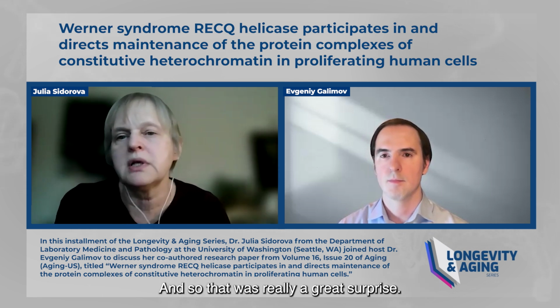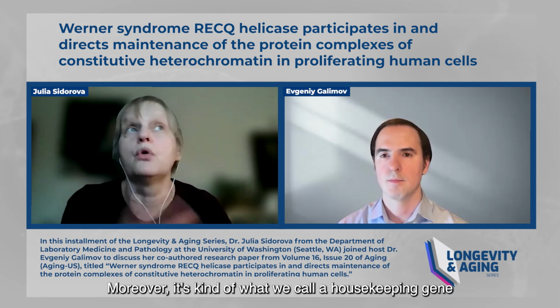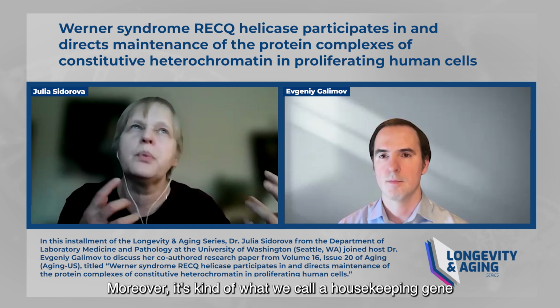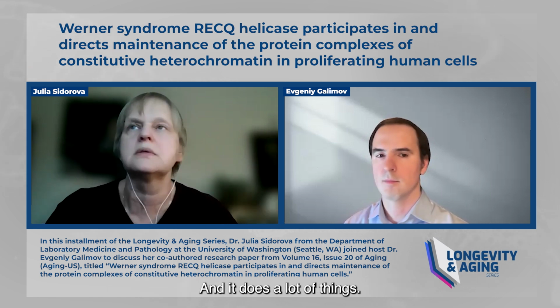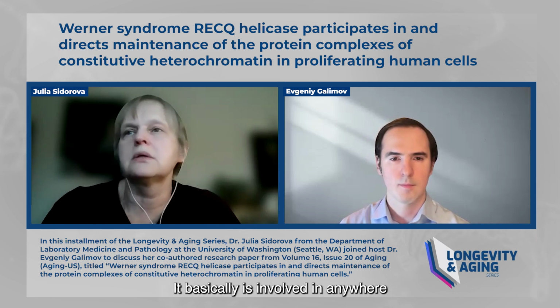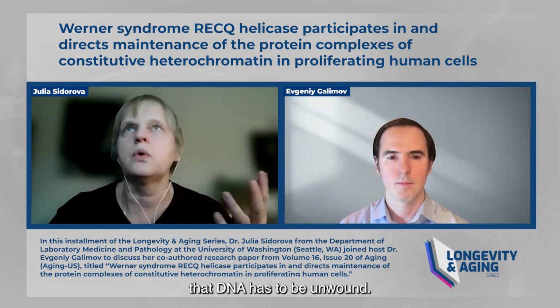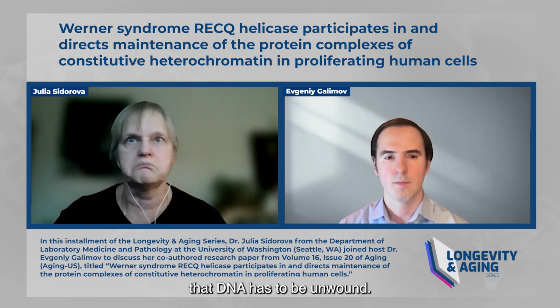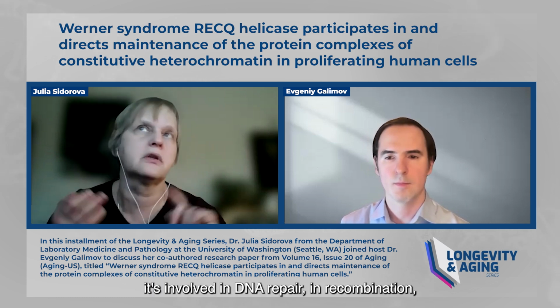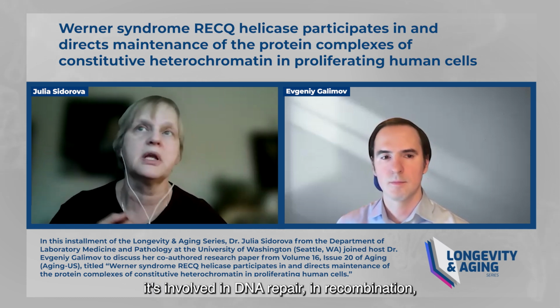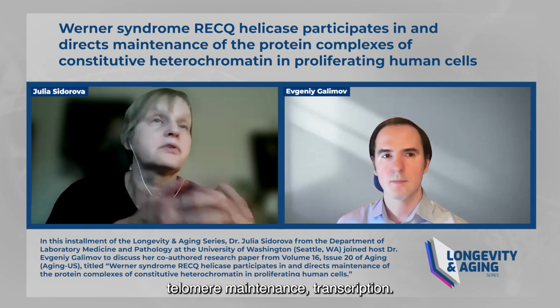That was really a great surprise. Moreover, it's what we call a housekeeping gene. In a way, it's everywhere, and it does a lot of things. It is involved anywhere that DNA has to be unwound: in replication, DNA repair, recombination, telomere maintenance, transcription.